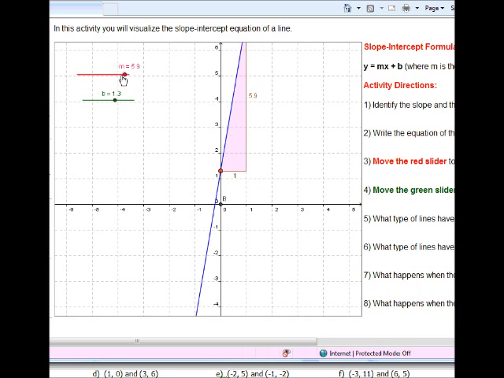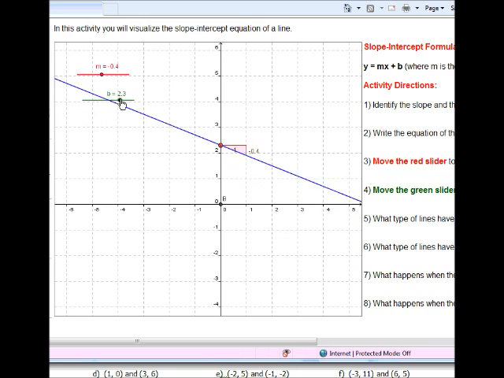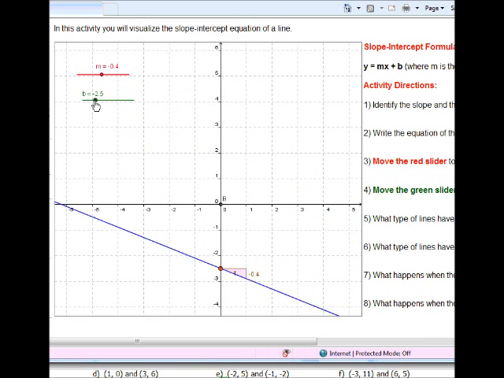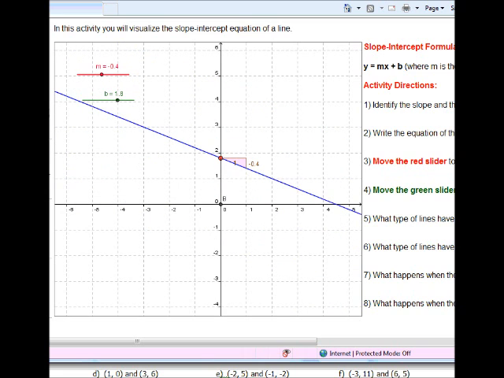And unfortunately, it never gets to infinity, so you're never going to get a vertical line. And then the y-intercept is your b, quote unquote. So as I drag this, you will see the line move along the y-axis, okay? That is your intercept. So y equals mx plus b is a very powerful use of slope-intercept.